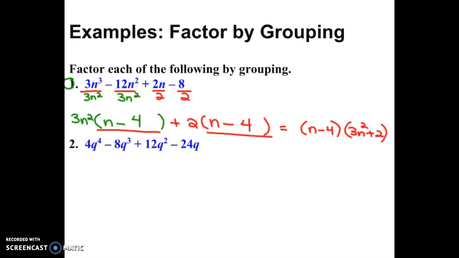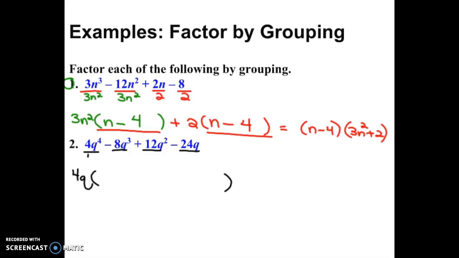For my second example up here, again, I'm going to look at all 4 terms, and I'm going to ask myself, do all 4 of them have something in common? In this case, the answer is yes, they actually do. The greatest common factor of all 4 terms is actually 4q. So all of them have a 4q in common.